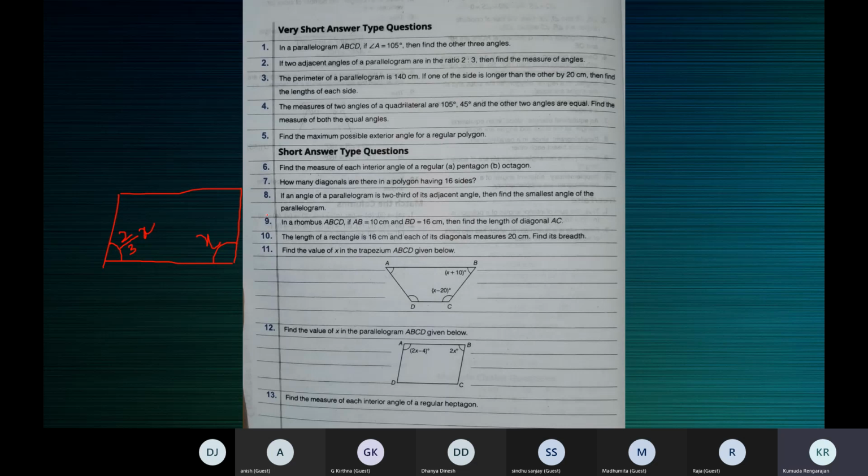See here, if an angle is 2/3 of its adjacent angle, and the adjacent angle is x, the angle is 2/3 of x.